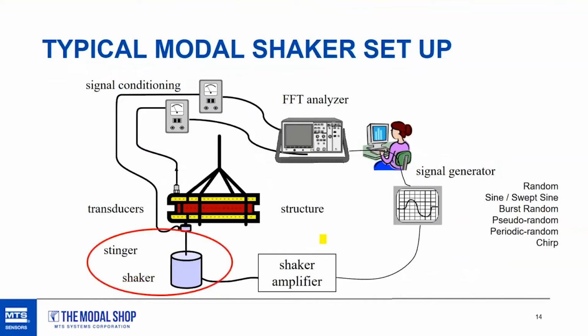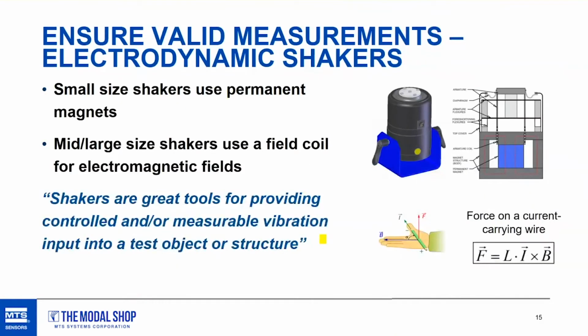So the next point I want to jump into are the shakers. And typically, we use electrodynamic shakers. And the nice thing about electrodynamic shakers, they're very easy to drive and control.